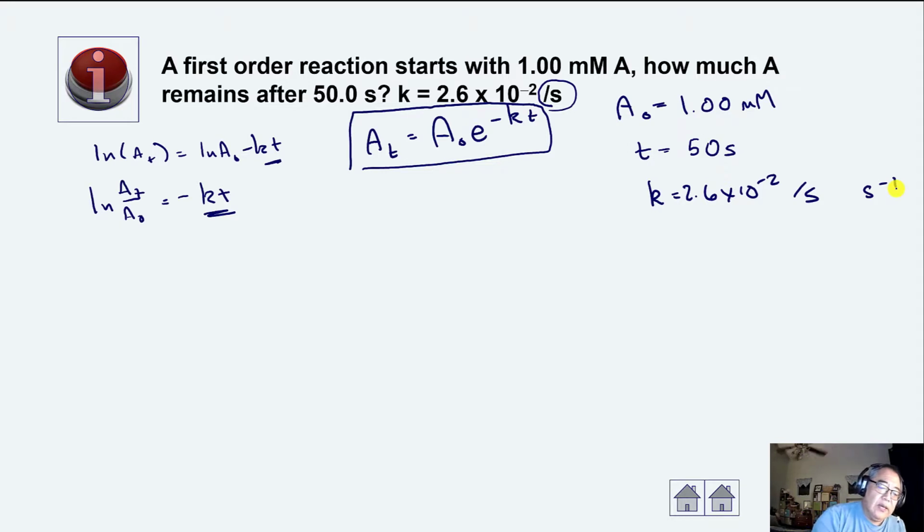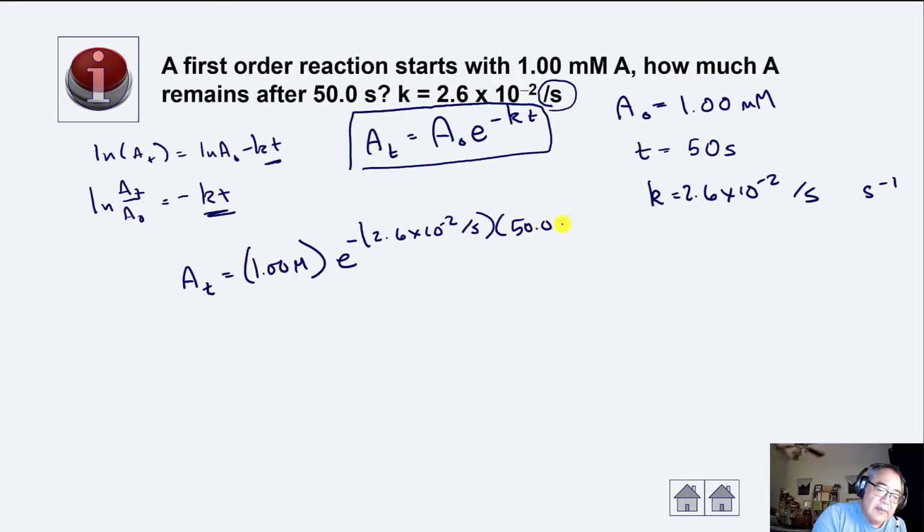So AT is equal to 1.00, and I'll put the units in, times e to the minus 2.6 times 10 to the minus 2 per second, and then T, which is 50 seconds.